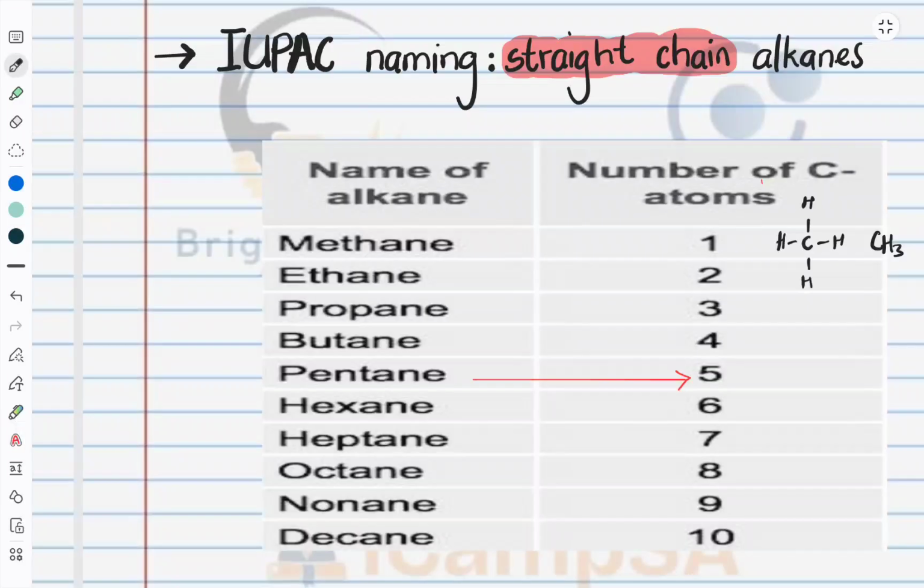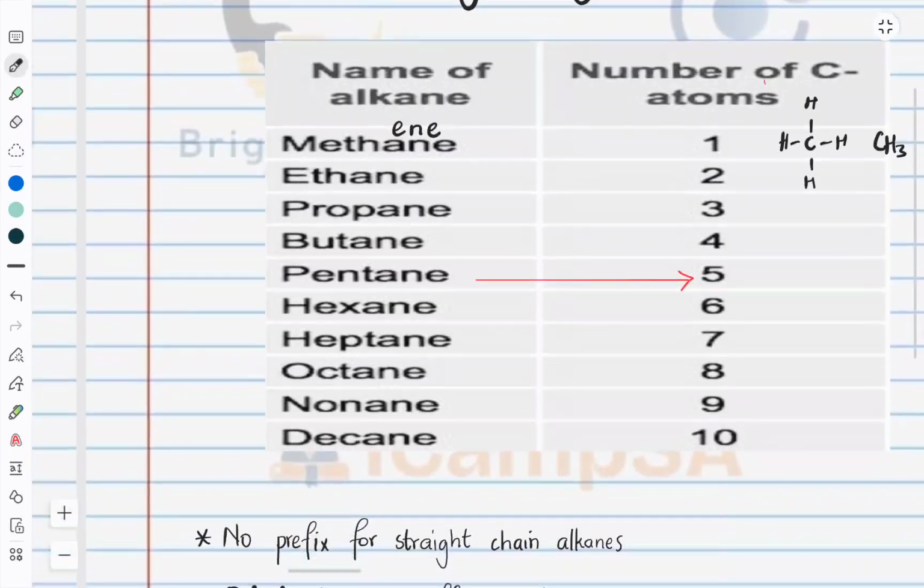It's the same with alkenes. The only thing is, we are replacing the alkane suffix with the alkene suffix. So instead of ANE, it would be ENE: methene, ethene, propene, butene, all the way to decene. We are merely replacing the ANE, because that suffix belongs to alkanes.